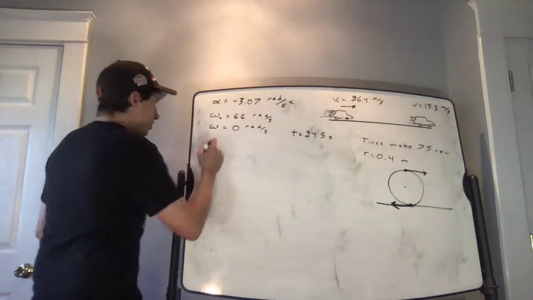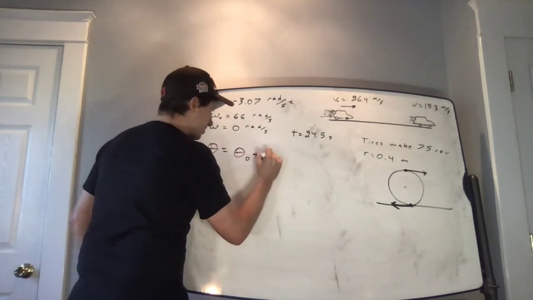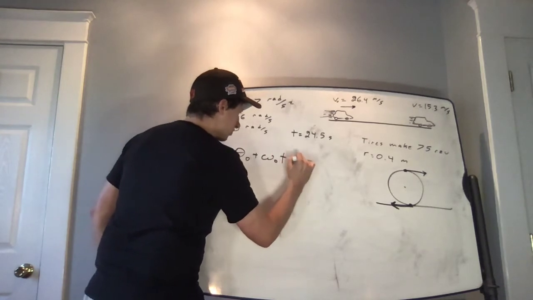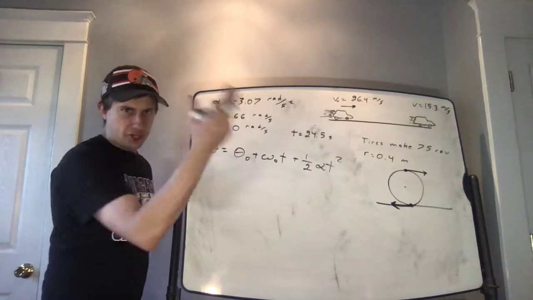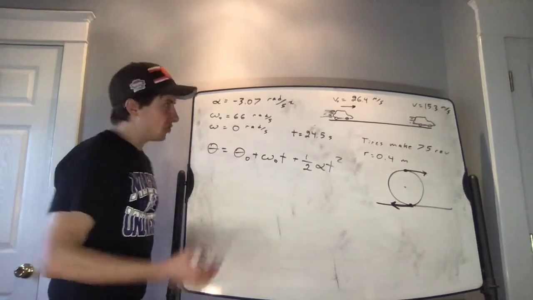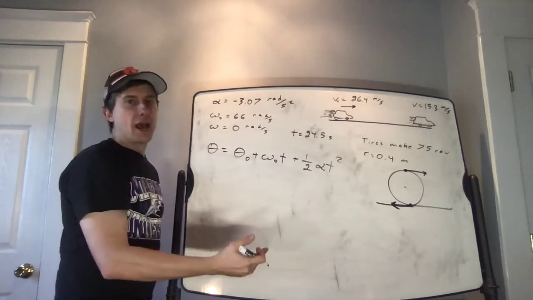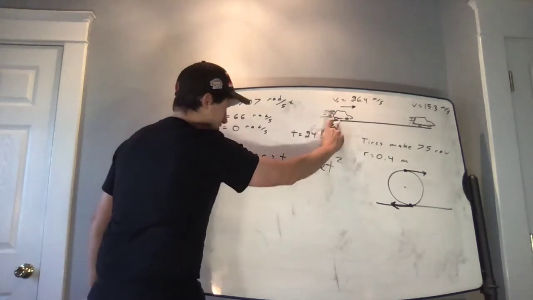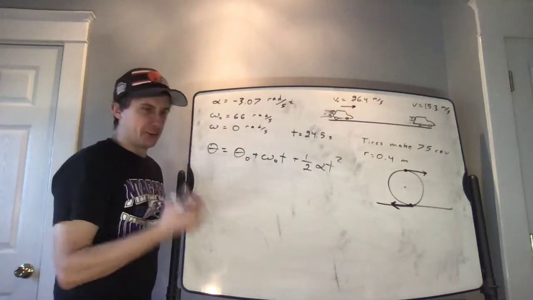So theta final is equal to theta initial plus omega initial t plus 1/2 alpha t squared. If I plug numbers in, let us assume at this moment the tires have not spun at all yet, so theta initial will be 0. Therefore, we're just asking what is theta final.